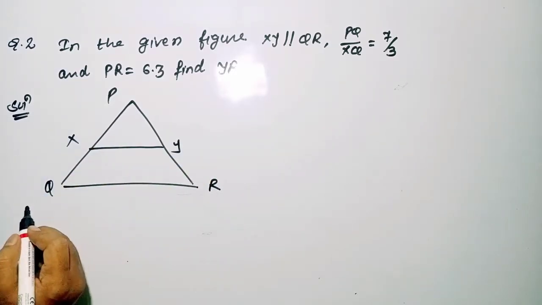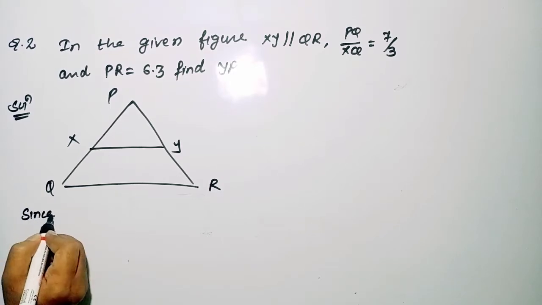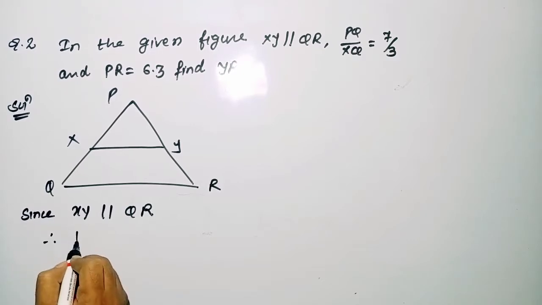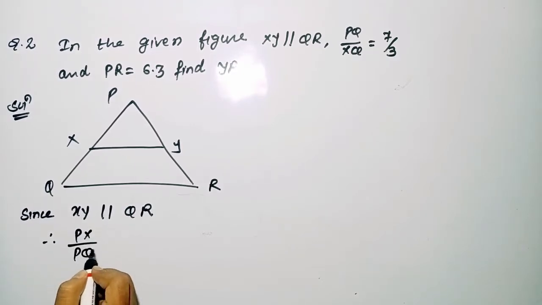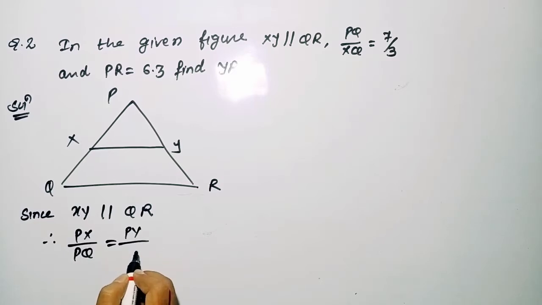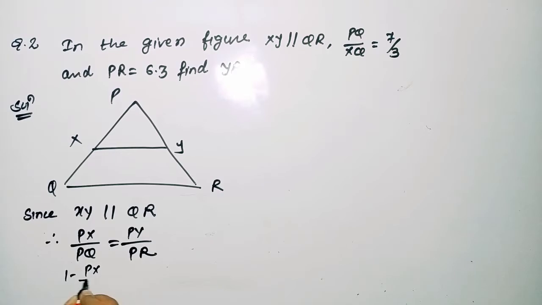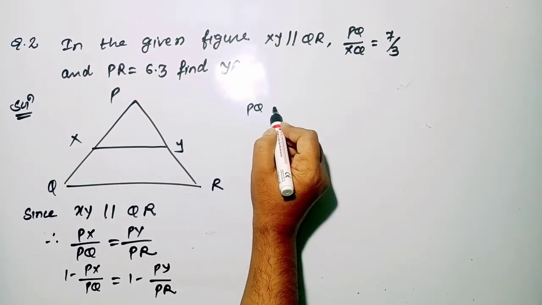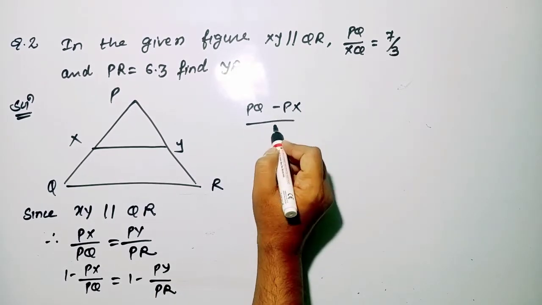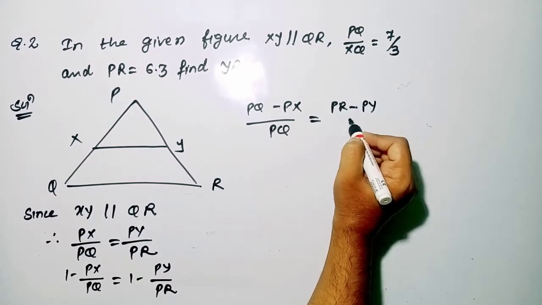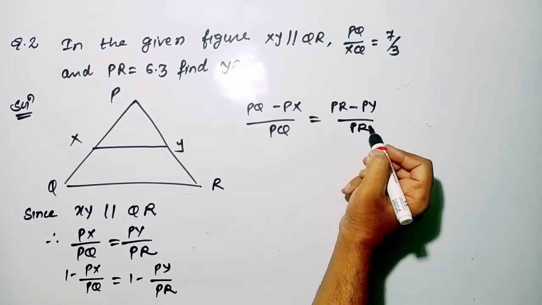Here QR is parallel to XY. Right? Since XY is parallel to QR, therefore PX upon PQ is equal to PY upon PR. Right? So subtracting both these ratios from 1 over here and simplifying, we are getting PQ minus PX upon PQ is equal to PR minus PY upon PR.